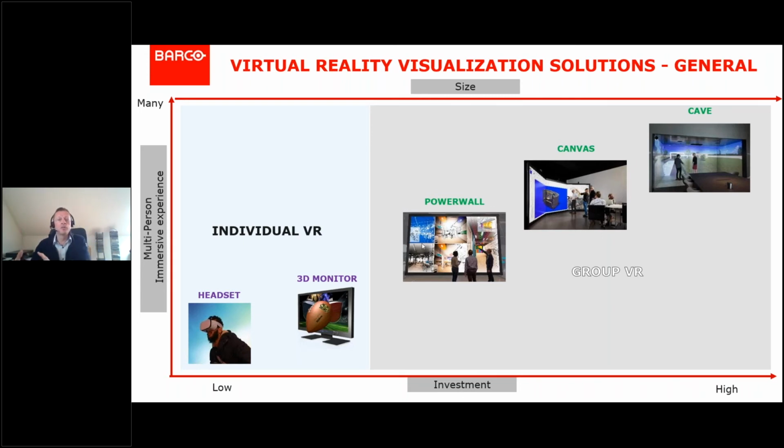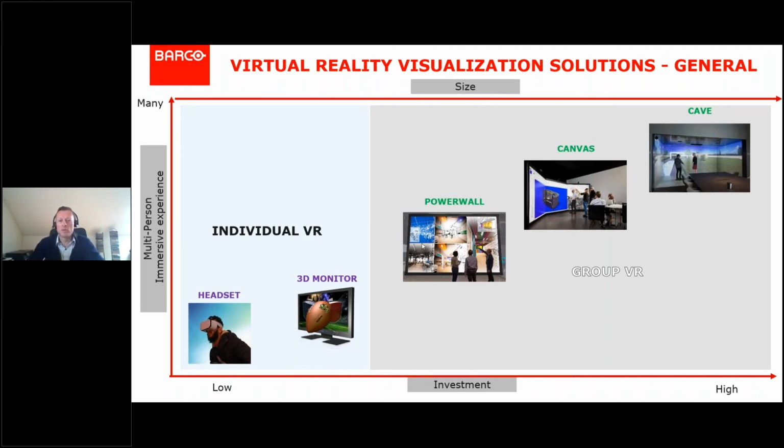And then the most immersive group VR solution is the Cave solution. A Cave solution combines all different sides: in front of you, left, right, floor, ceiling, and even behind you. If you have such a Cave environment, you have a 360-degree immersive environment again.